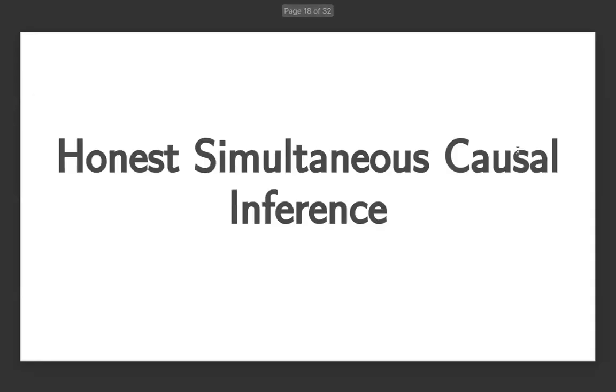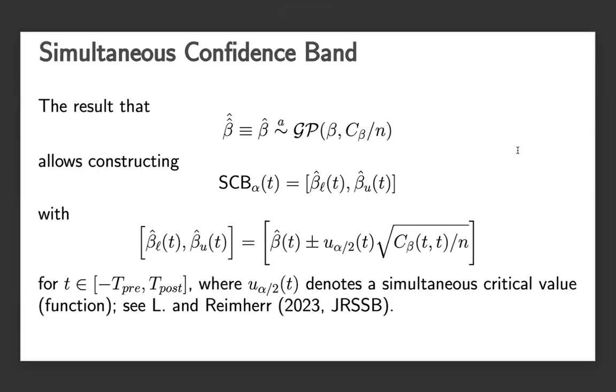Then we come to the part of how we construct the simultaneous confidence band, as we have the Gaussian process result for our beta estimator. We can construct the simultaneous confidence band for our DID parameter using the estimator above, based on the Gaussian process properties that we have before.